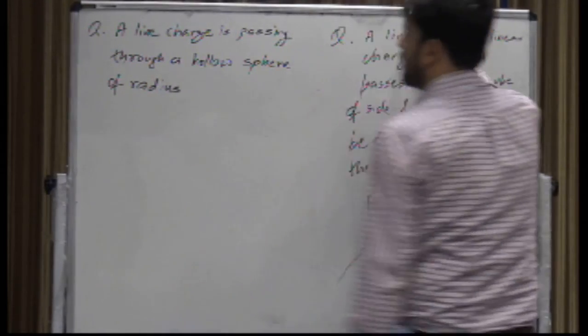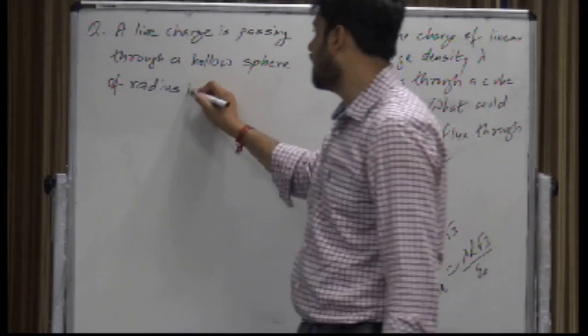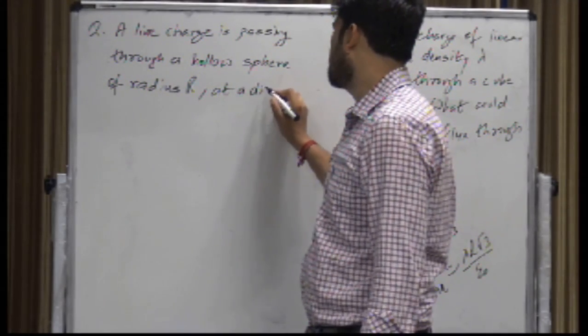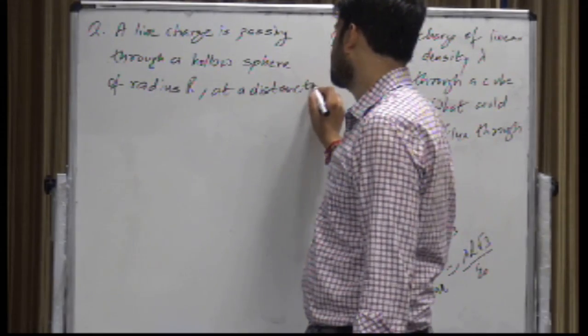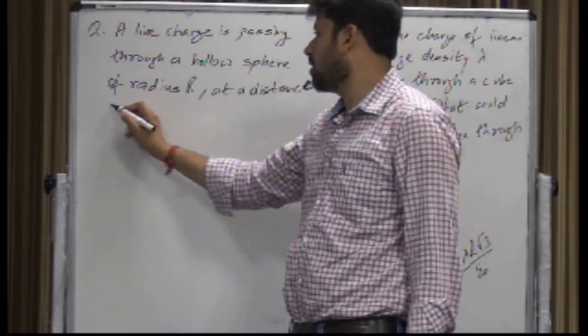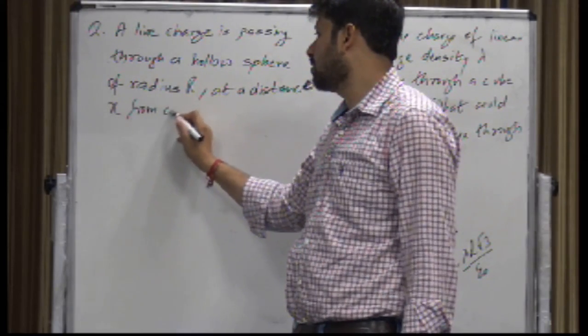A line charge is passing through a hollow sphere of radius r, at a distance x from the center.